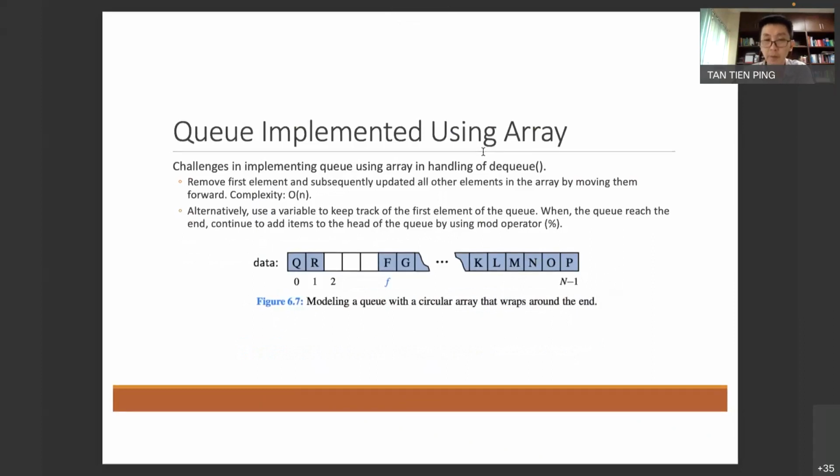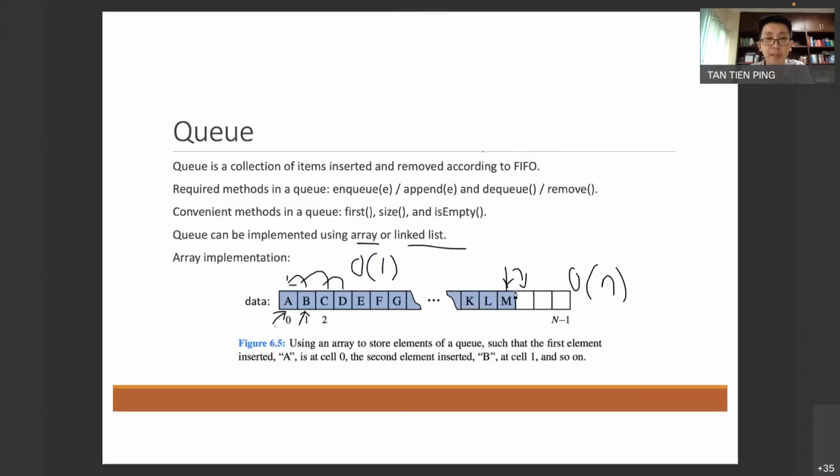Okay, so one thing I didn't mention just now is, if you continuously remove the item at the head of your array, the head of your array will be empty, and then you continuously append, eventually you reach the end of the array, right?